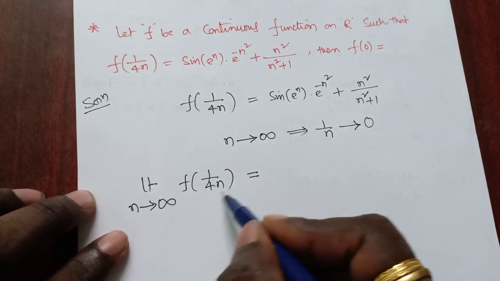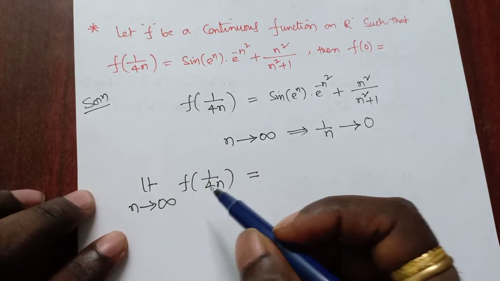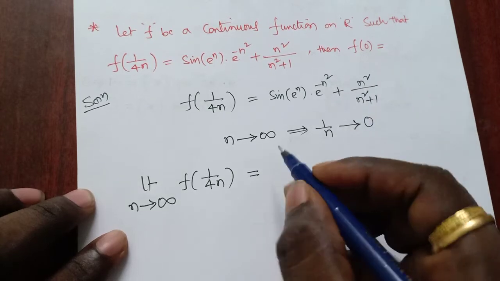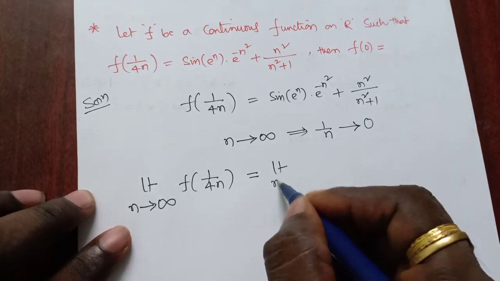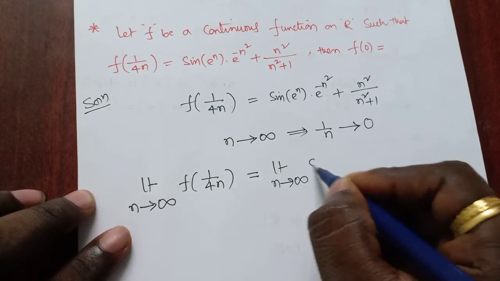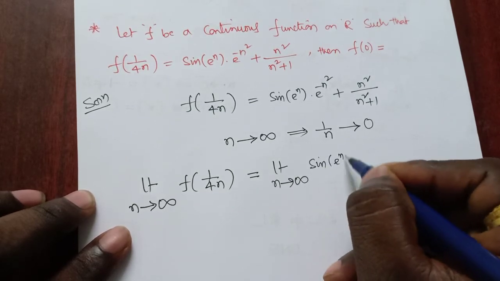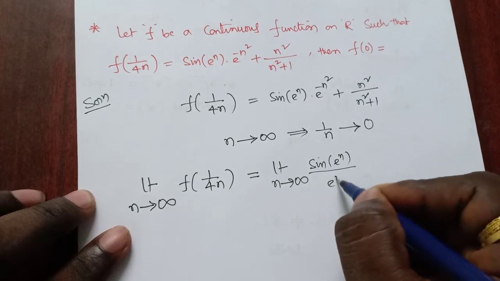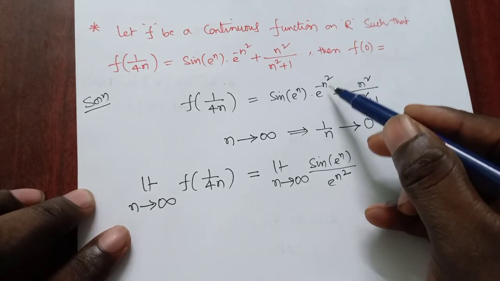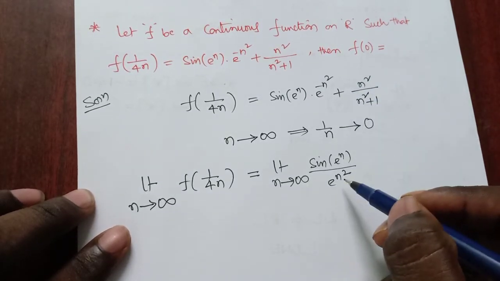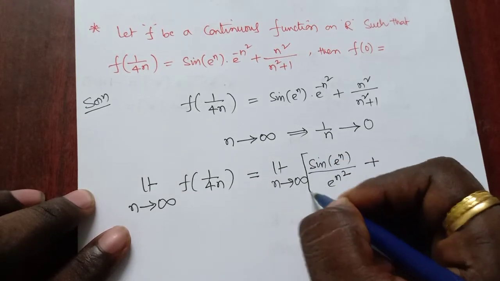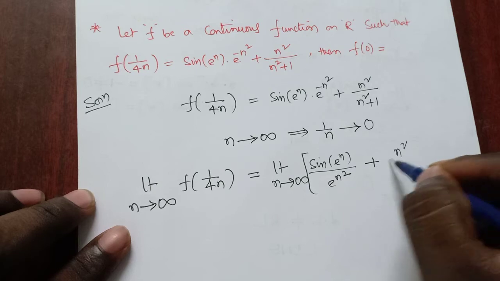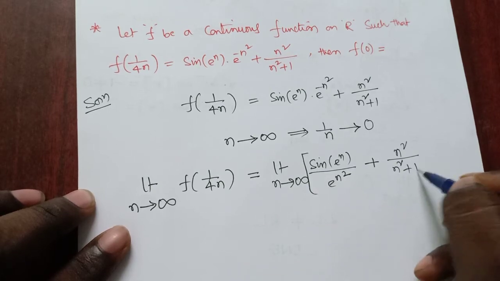Because 1 by n should be equal to 0. Then only we will get f of 0. And here also, limit n tends to infinity, sine of e power n by e power n square, because e power minus n square should be e power n square in the denominator, plus n square by n square plus 1.